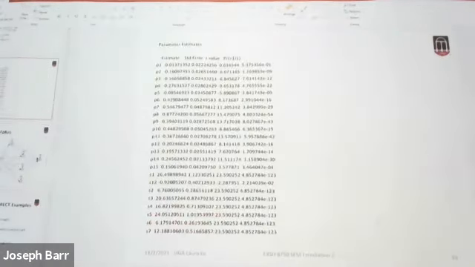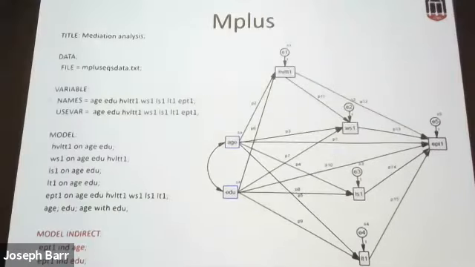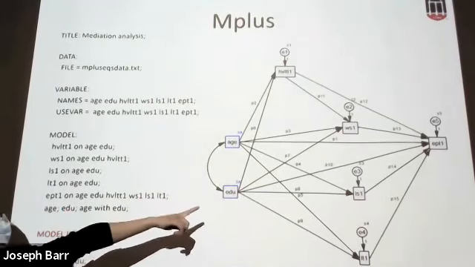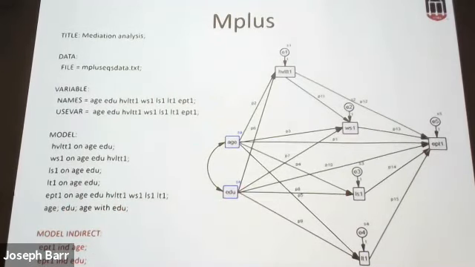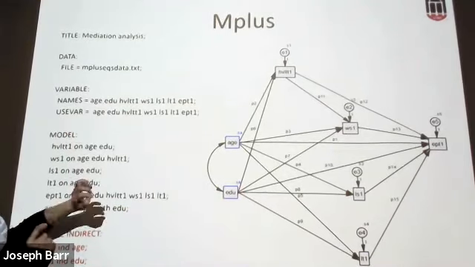Any question? Okay, then let's move to Mplus. The same path diagram, and we are going to use Mplus code to translate this model. For the data, we use a different file called Mplus EQS data.